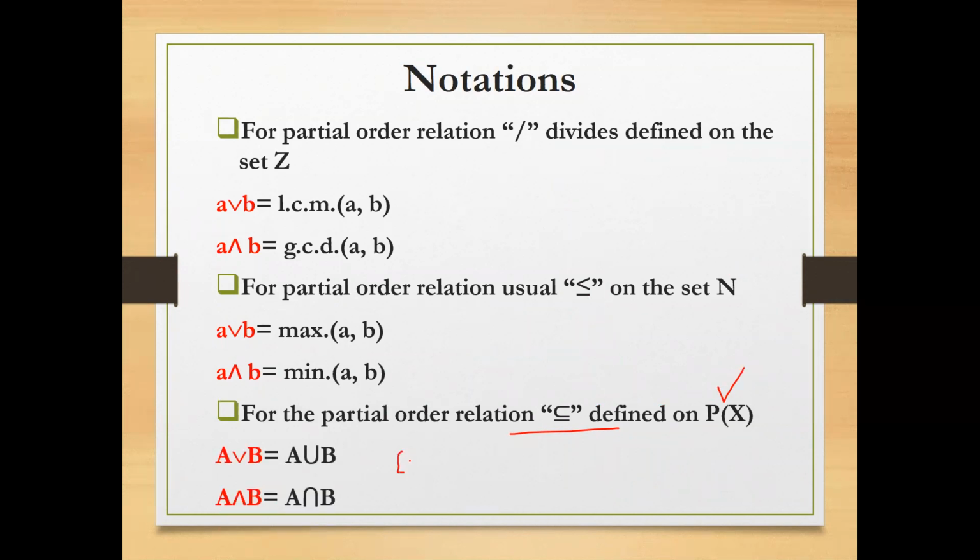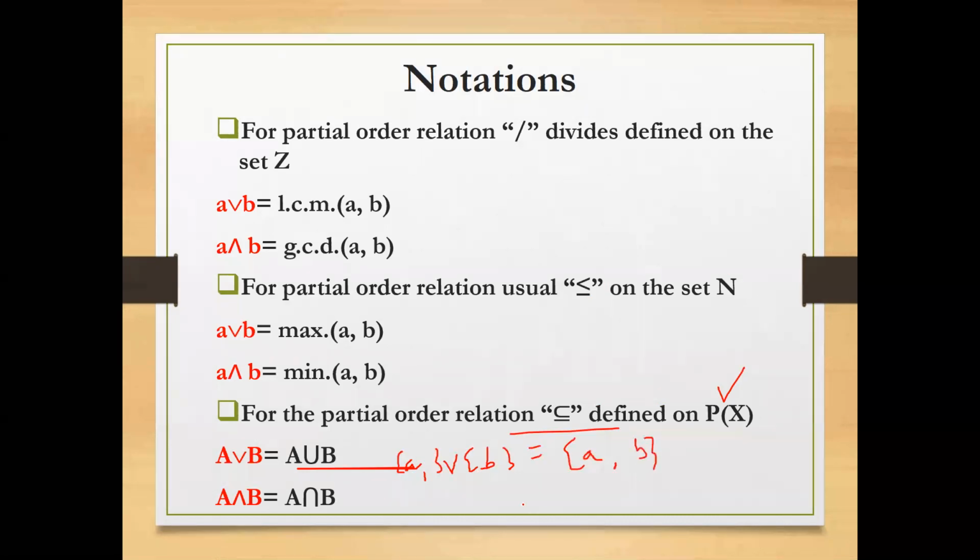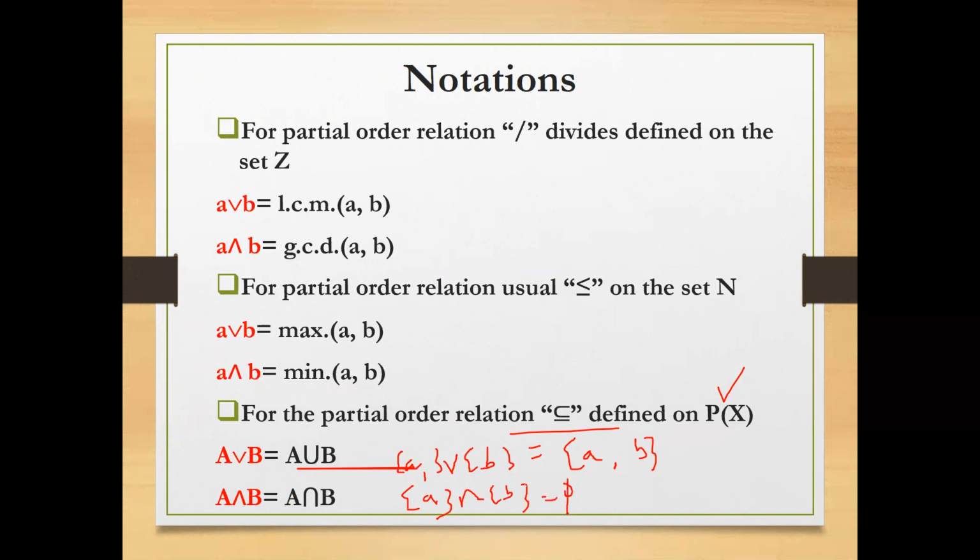For example, if I ask you to find the join of singleton set A and singleton set B, it will be {A, B}, means the union of A and B. And if I ask you to find the meet of singleton set A and singleton set B, it will be phi, because there is no intersection, there is no common element. So for the partial order relation subsets, you have to remember join is the union of these two sets and meet is the intersection of the sets.